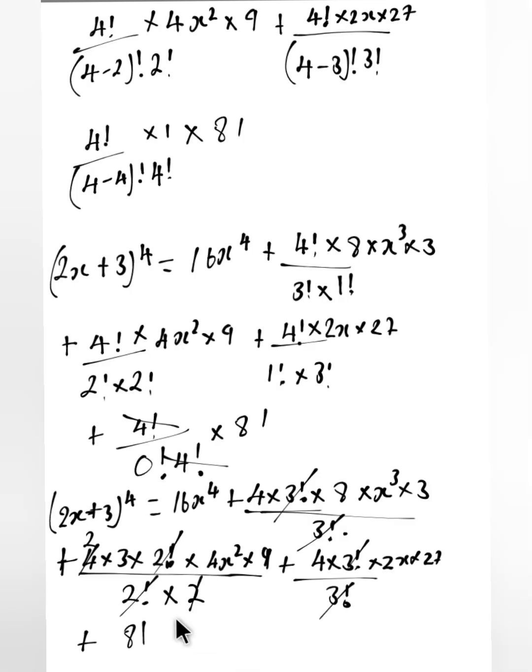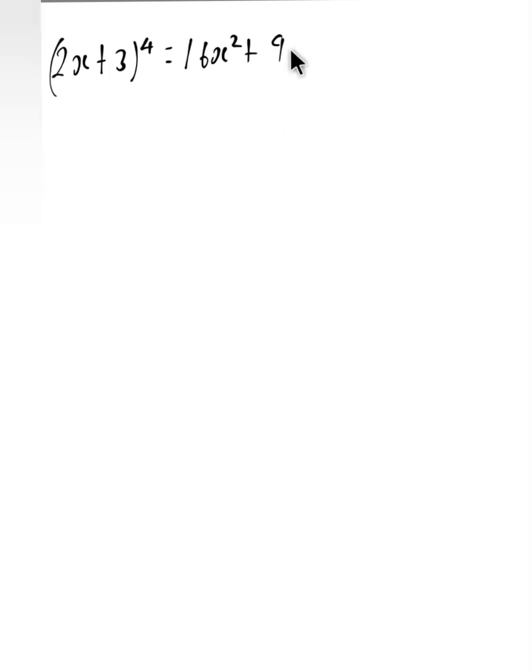We have that (2x + 3)^4 will give us 16x^4 plus, let's see, here we're left with 4 times 8 times 3. 4 times 8 is 32, 32 times 3 is 96, x^3.